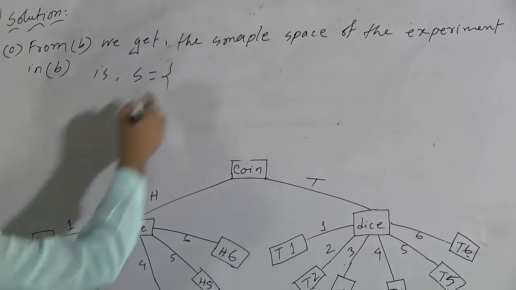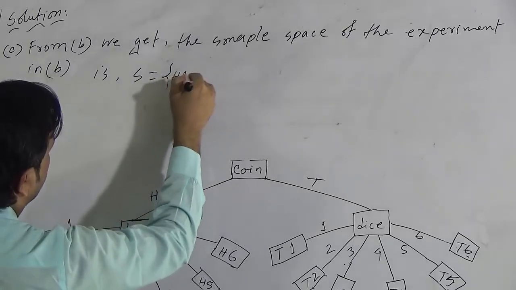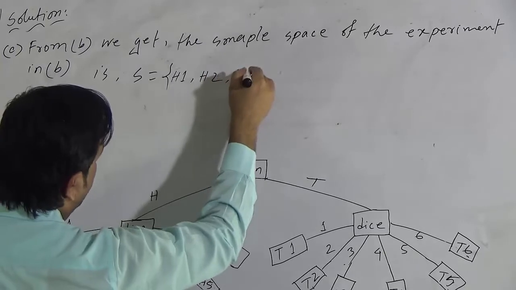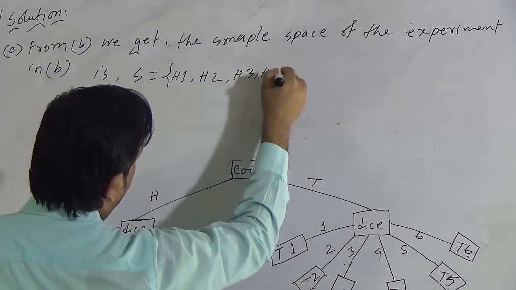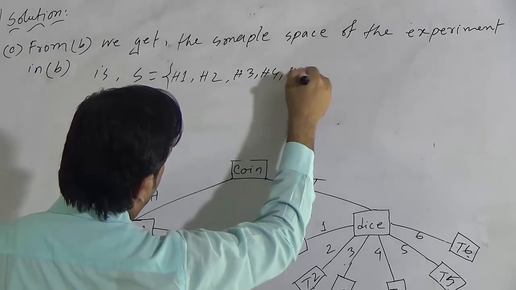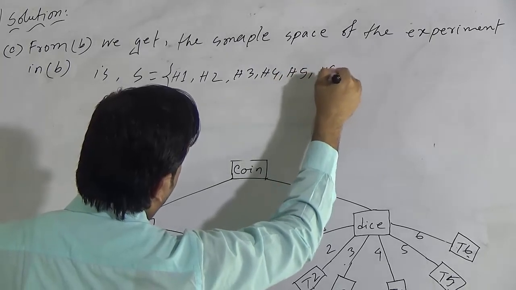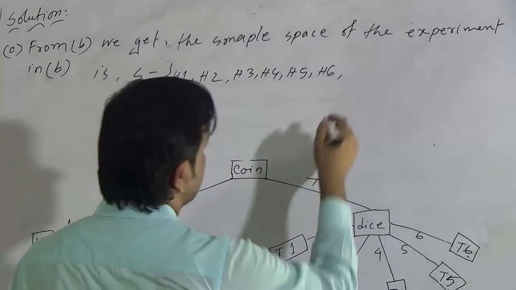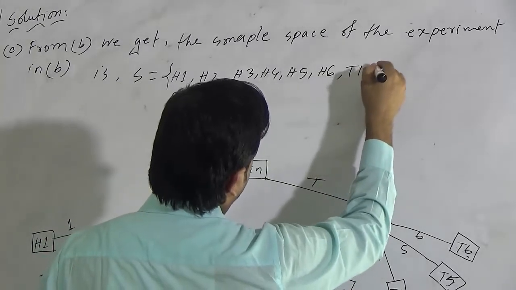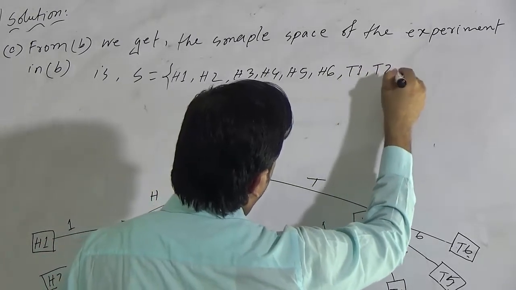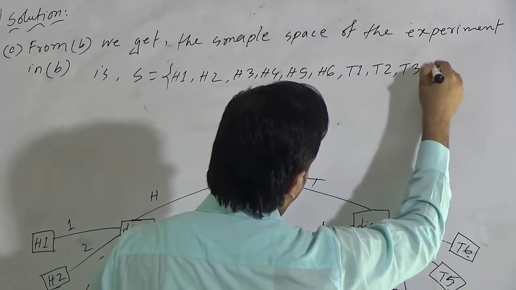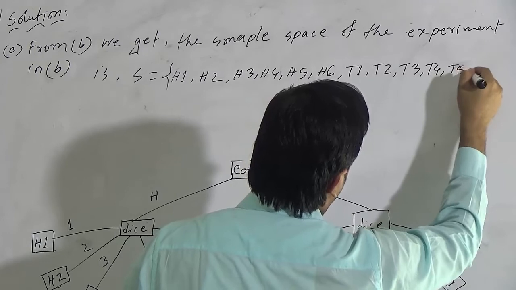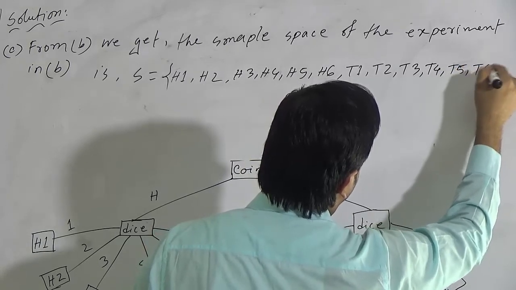So we can write here H1, H2, H3, H4, H5, H6 I have written. Now T1, T2, T3, T4, T5 and last one is T6.